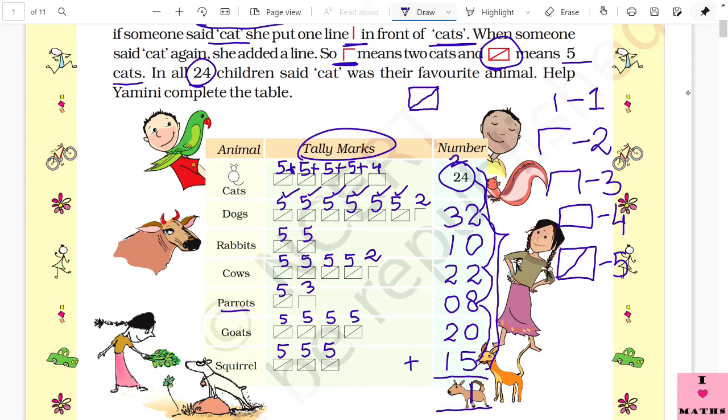Now we will add this. 2 plus 2 is 4. 4 plus 3 is 7. 7 plus 1 is 8. 8 plus 2 is 10. 10 plus 2 is 12 and 1 is 13. So 1 and 3 will be here. So children, she asked 131 people about their favorite animal.